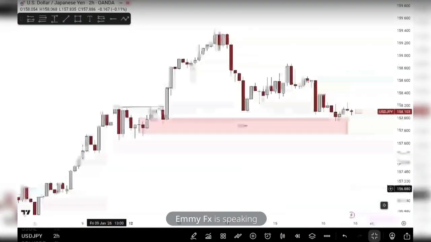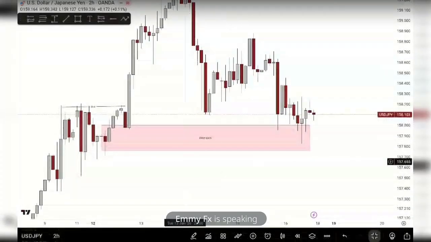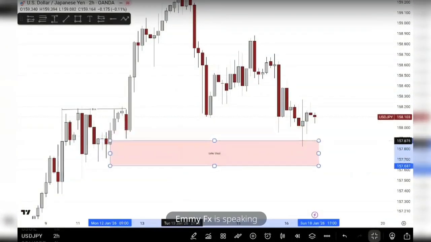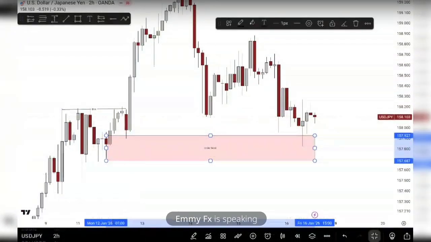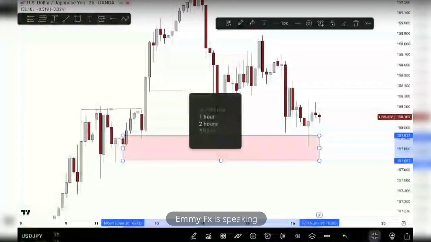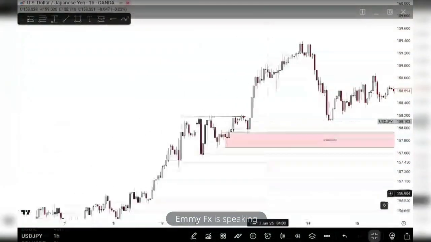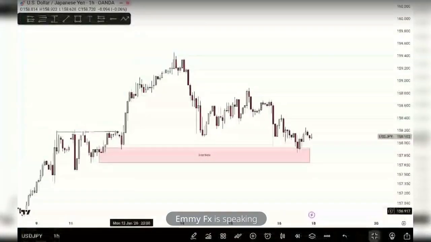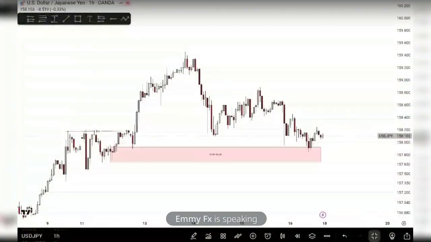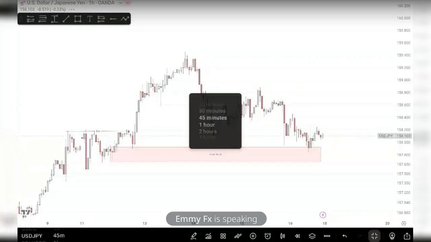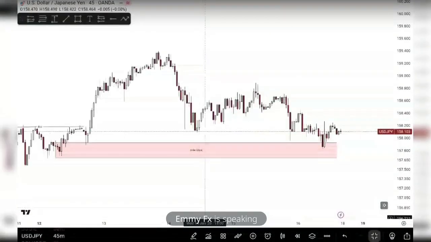In the 2 hour time frame, price also reacted from the order block at this point. All right, so let's move to our 1 hour time frame. In our 1 hour time frame, price also reacted. Before that, I'll go to the 15 minutes.